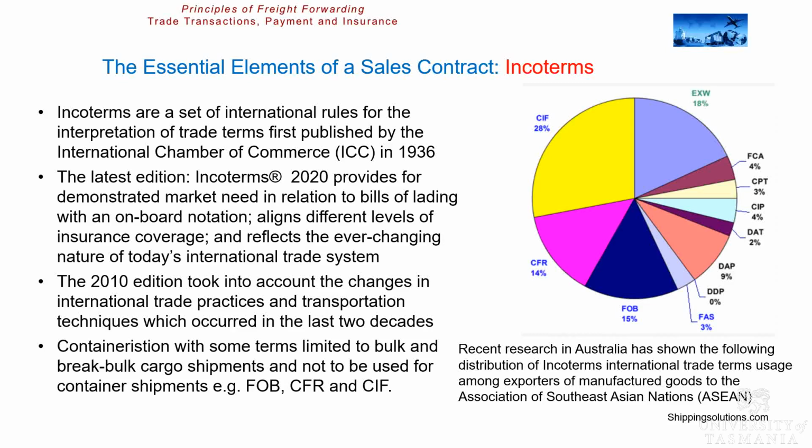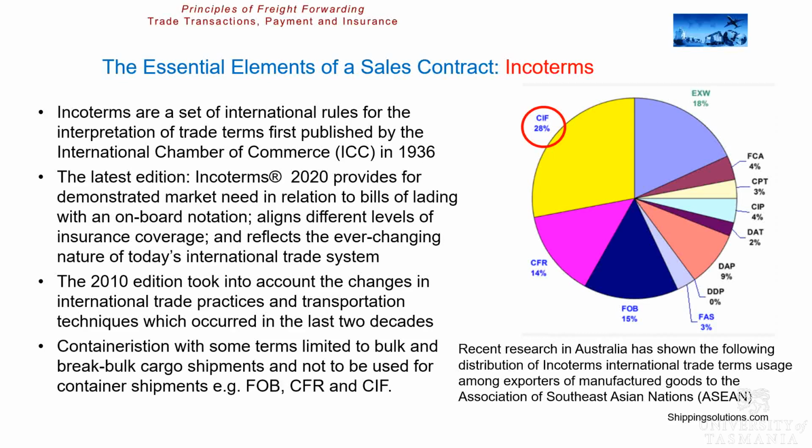So on the right hand side you'll see a slide. It's a pie chart. Now this pie chart shows you the usage among exporters of manufactured goods in the Asian region, and it shows you the Incoterms that they typically use. And common terms are carriage, insurance and freight.